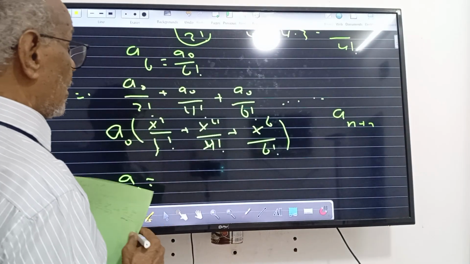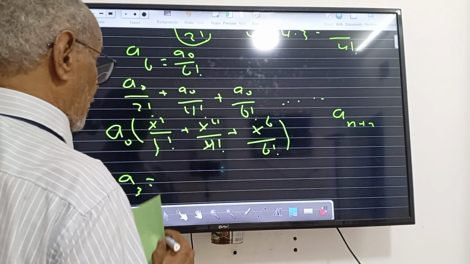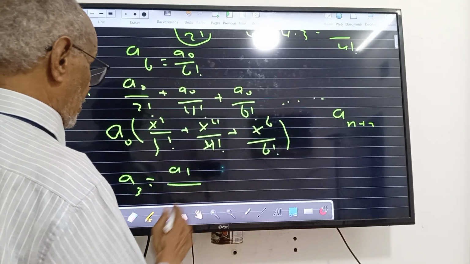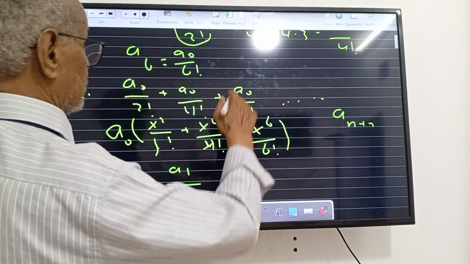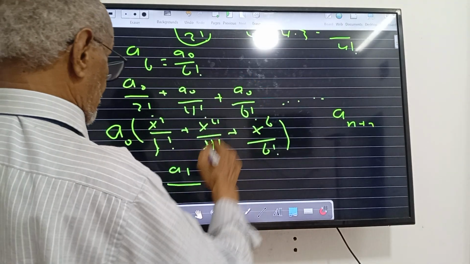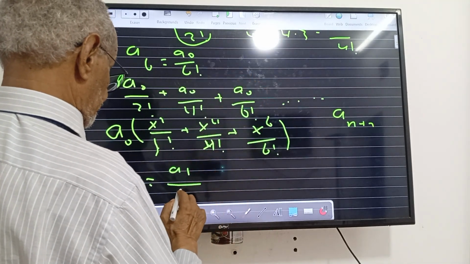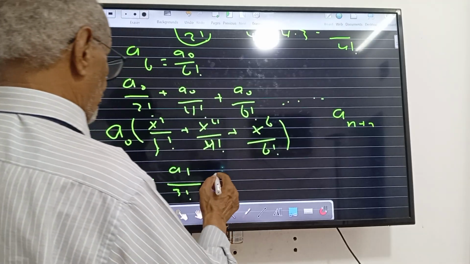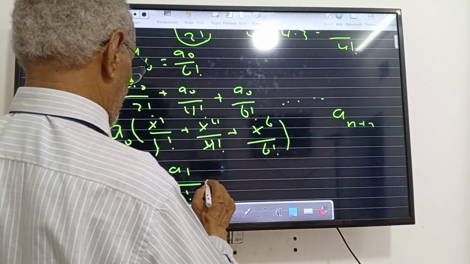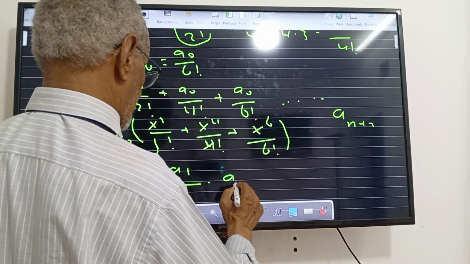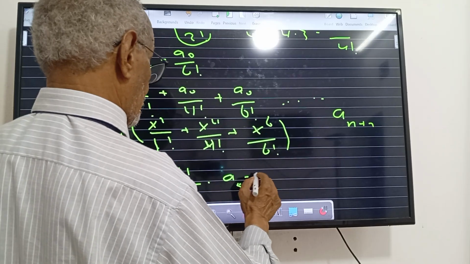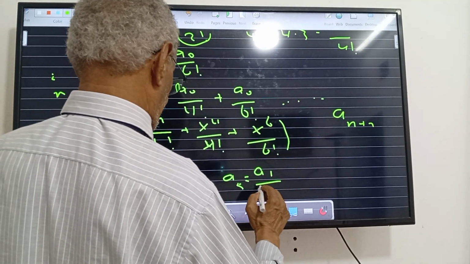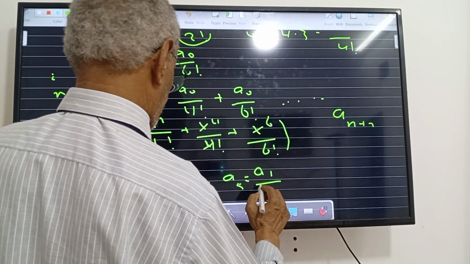So A3 equals A1 over 3 factorial. Then A5 equals A1 over 5 factorial.